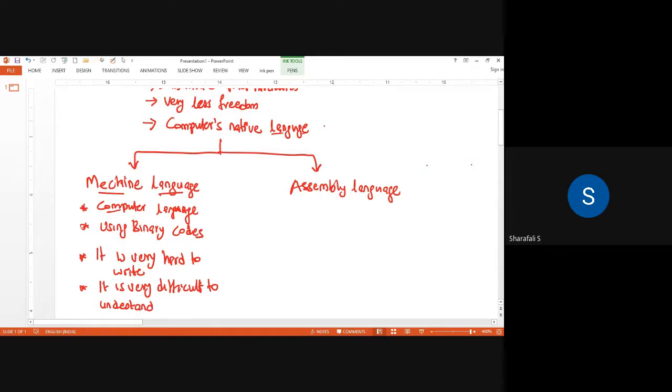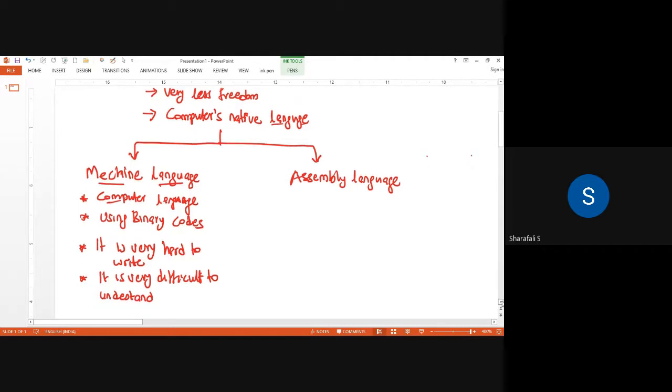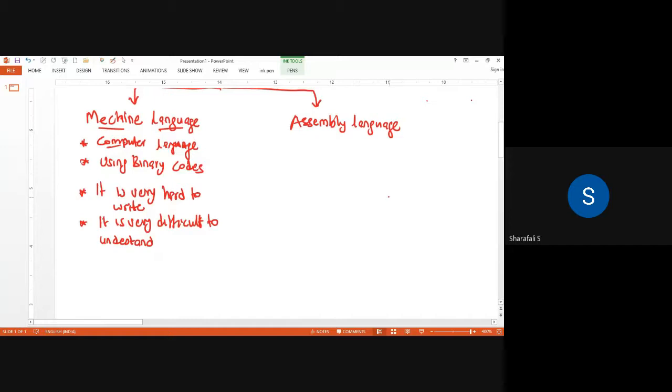Okay, if you're writing something like 0 0 0 0 1 0 1 0 in an entire page, that is not going to be understood. We will not be able to understand that particular code very easily. It is very difficult to understand, and depending on the computer architecture, this program will be different.